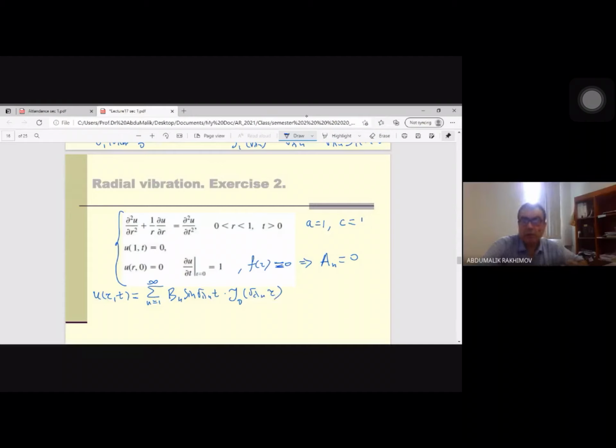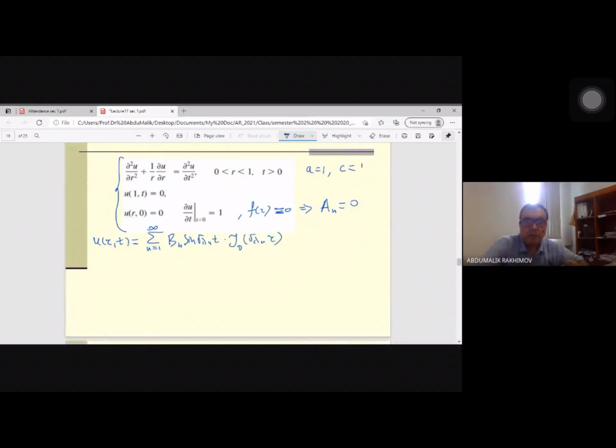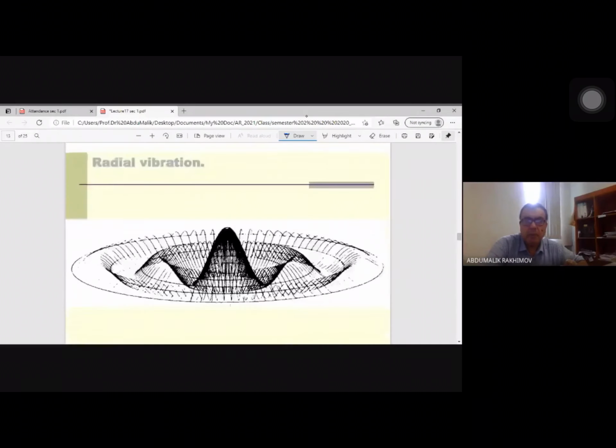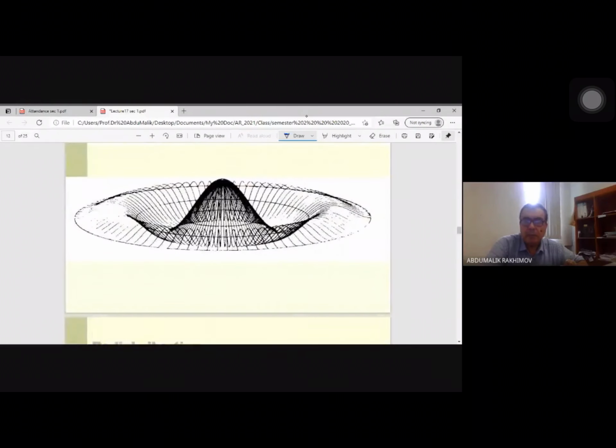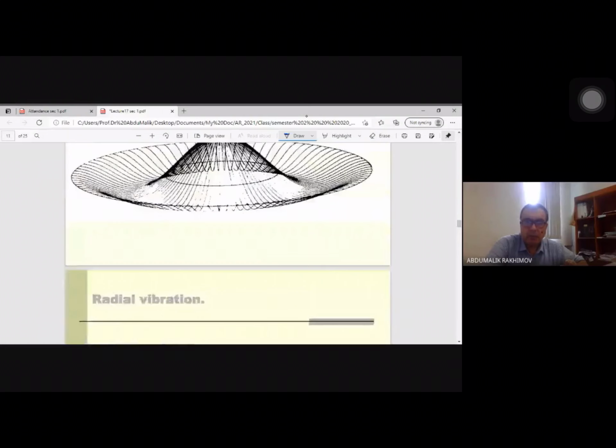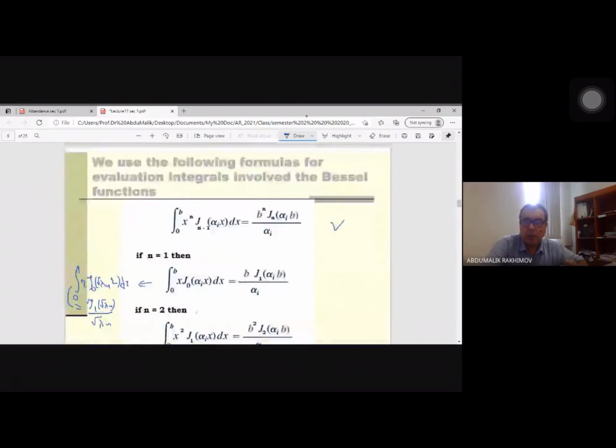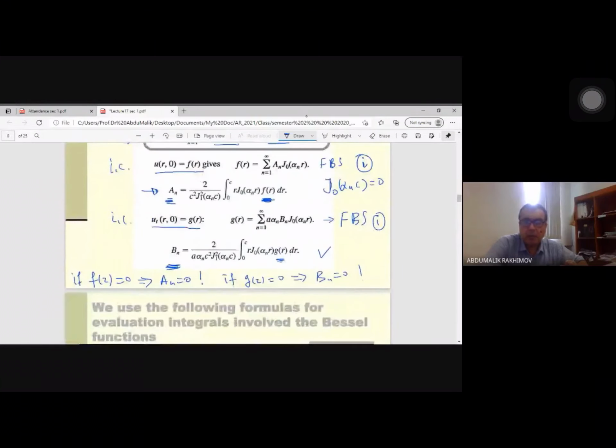We need to evaluate and find the B coefficient. So what will be Bn? If we use the same formula, but there is a difference for Bn: in the denominator it has something additional. What is the difference between the A and B coefficient? The B coefficient has this, a times alpha n, and g. That's the difference.